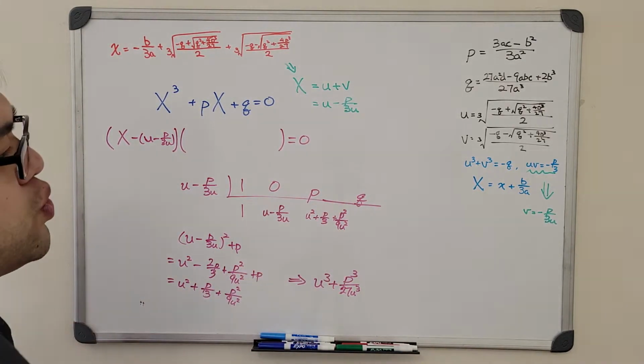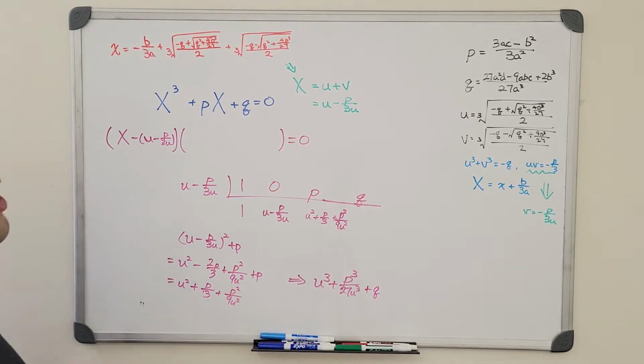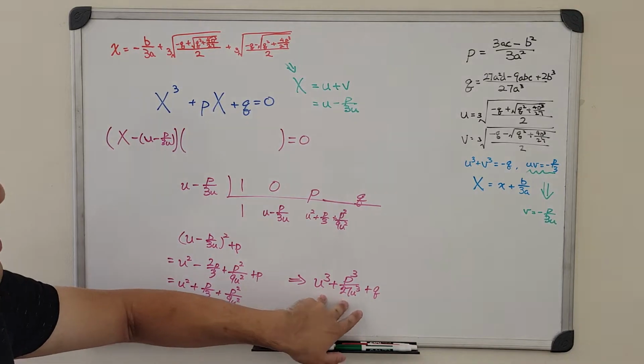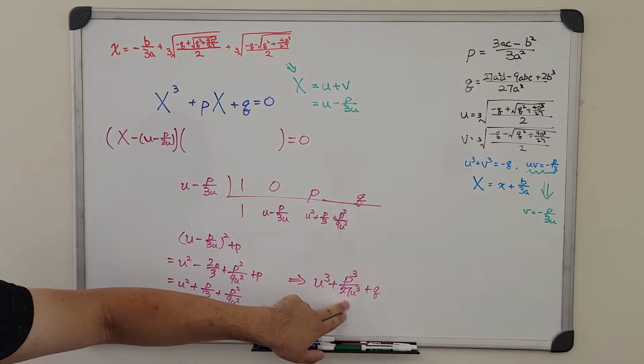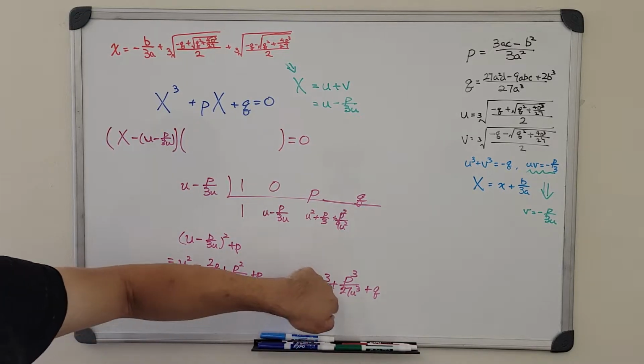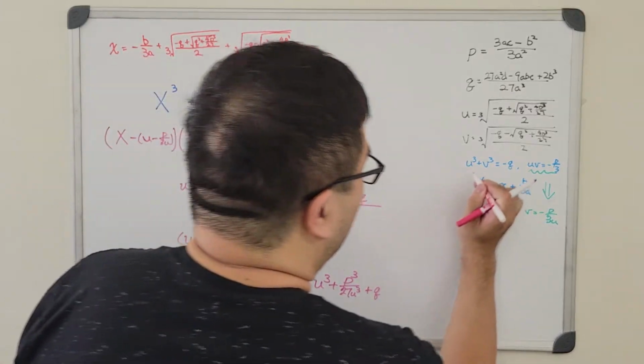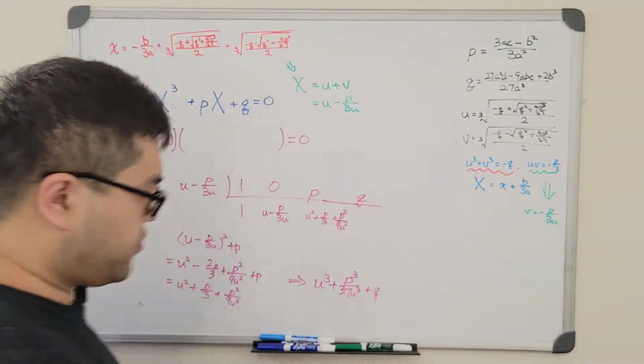And next, we of course need to add q back. Now, be careful. It seems like we don't know what to do. We don't get 0, but we actually have one more expression that we didn't use yet, which is right here.